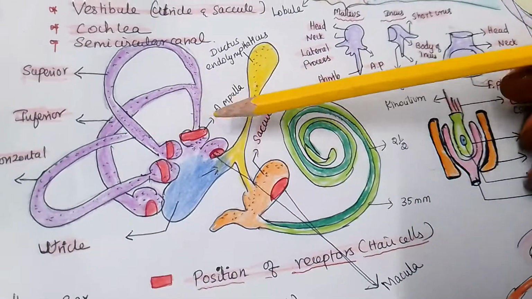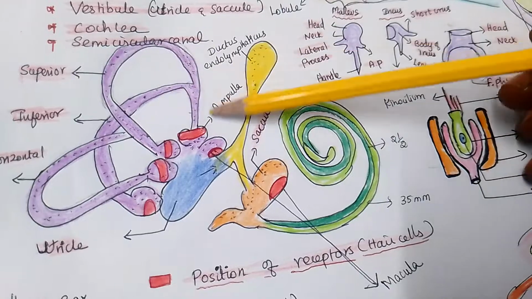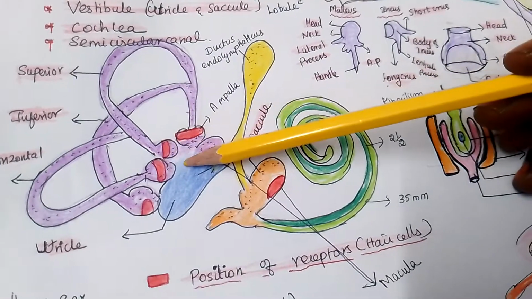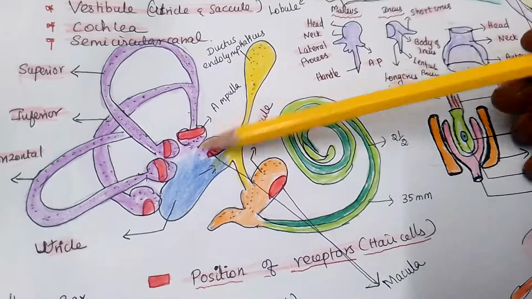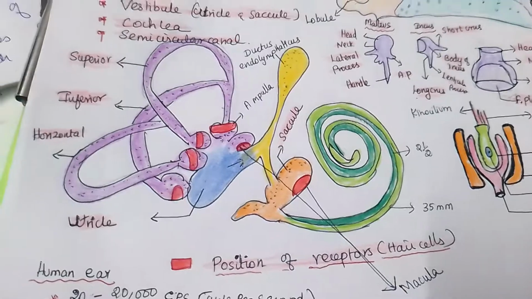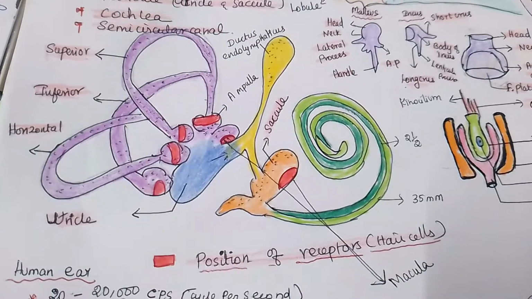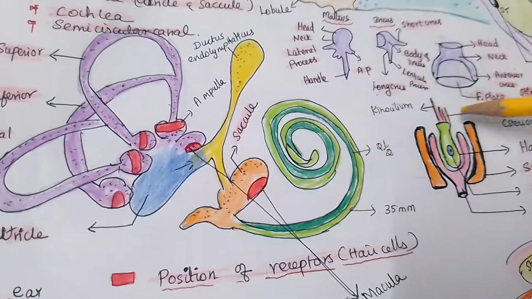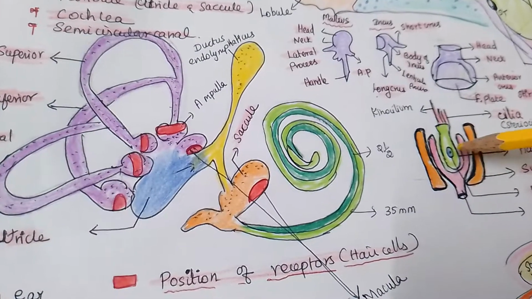In each semicircular canal there is an outpouched structure called the ampulla. In this ampulla, the red area which I have marked is where the hair cells are present. Hair cells are where the nerve endings start.